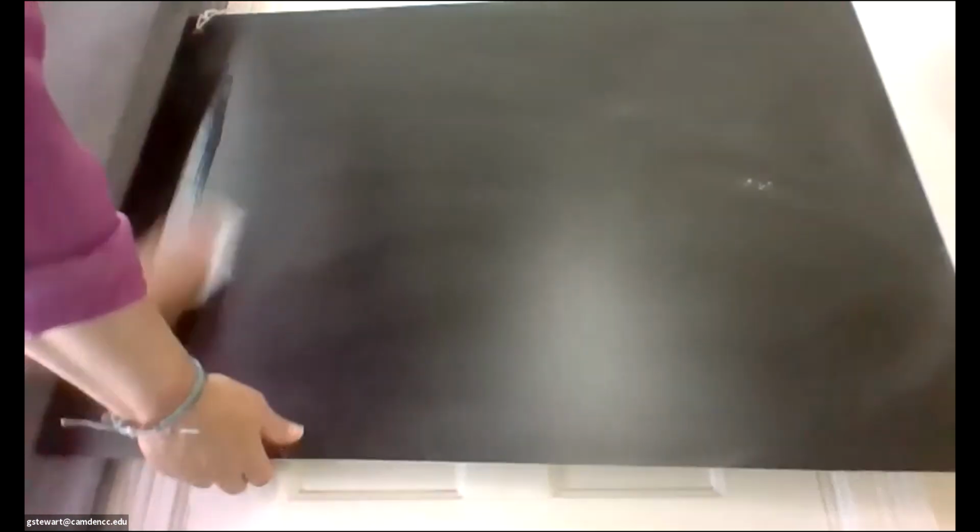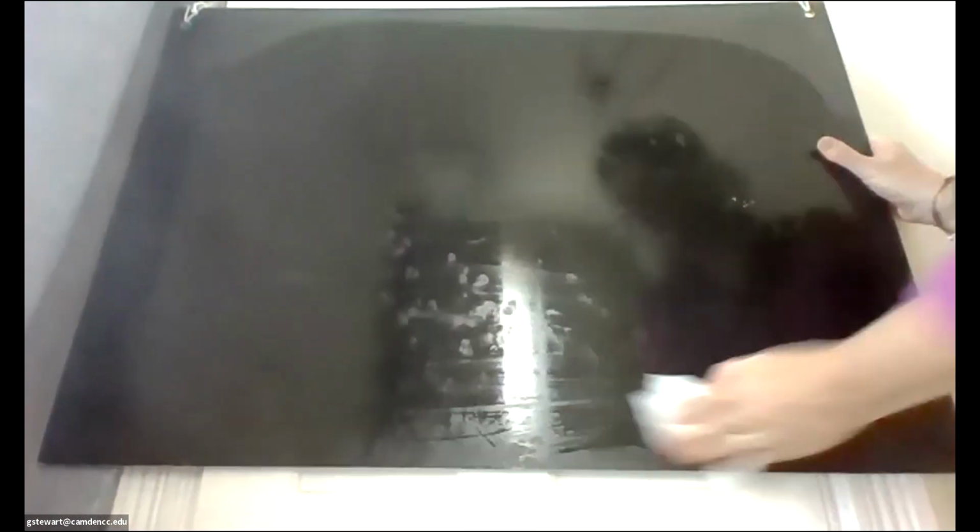There's a couple areas that need to be wiped off here. It's like I need to go back to Lowe's and get some more chalkboard paint. Some scratches on my board. All right.